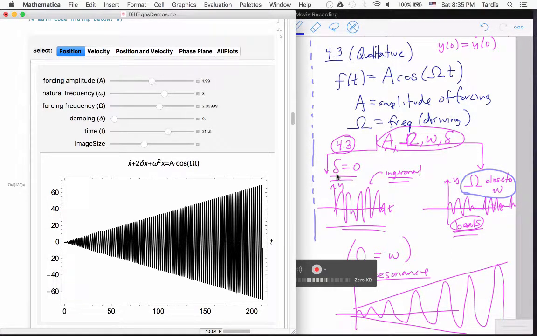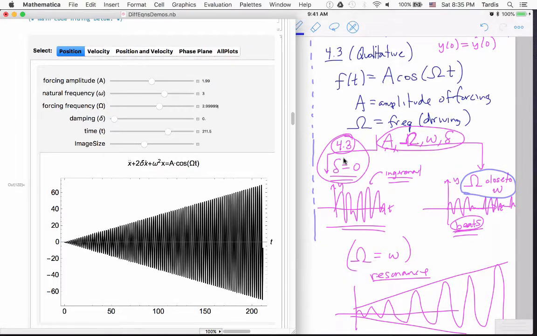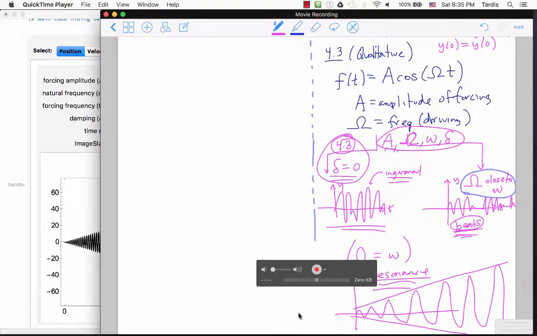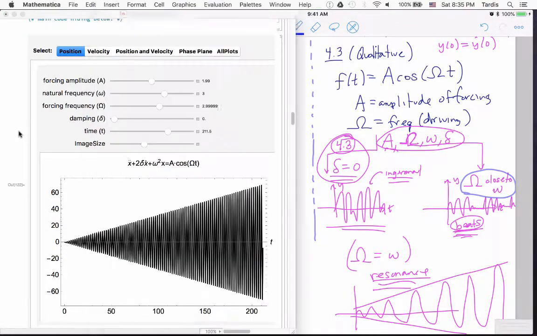So that's one of the qualitative behaviors that happen when delta is equal to 0. Going down the branch where delta is equal to 0, there are two different phenomena, resonance and beats. In the next video we'll take a look at the analytic behavior behind analyzing qualitatively the beats and the resonance structure of the mass spring system.